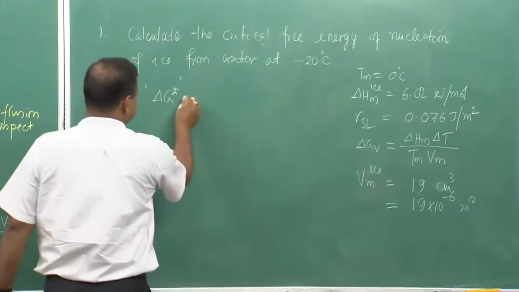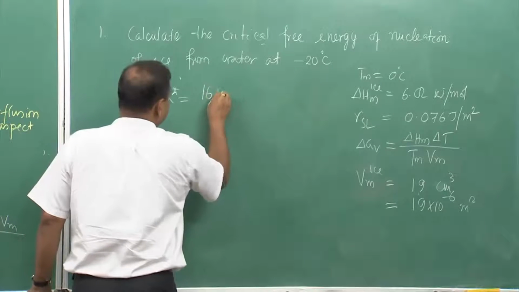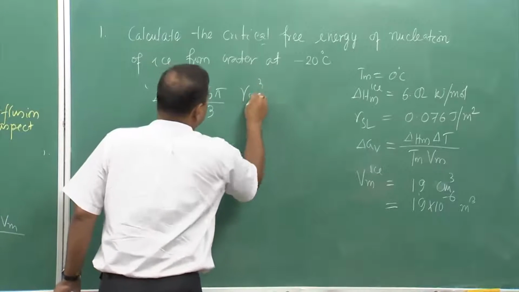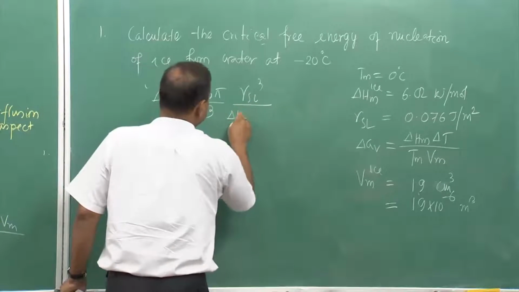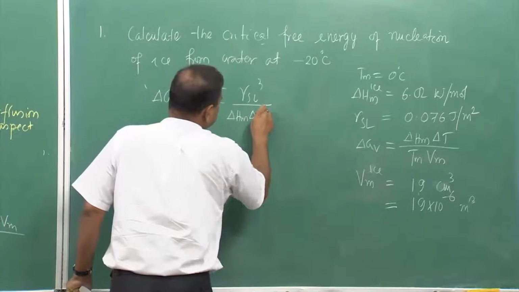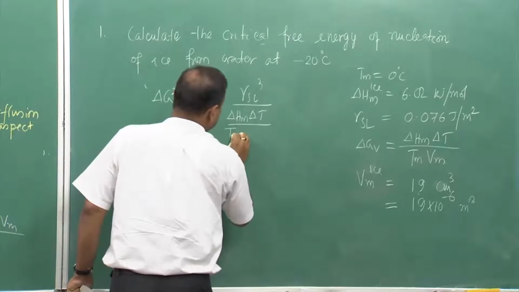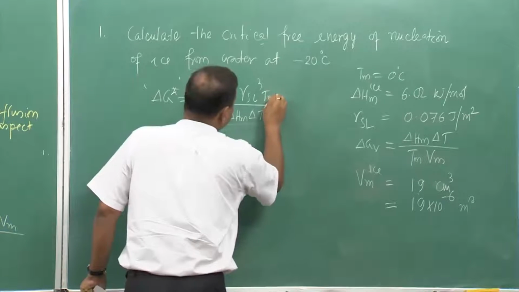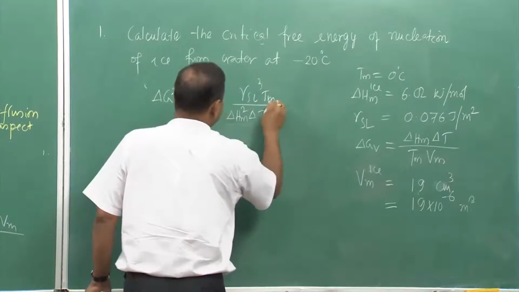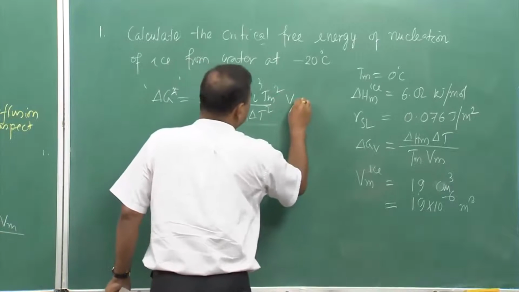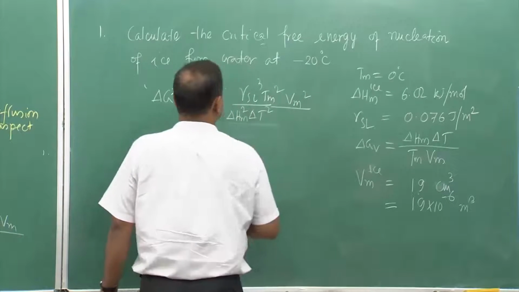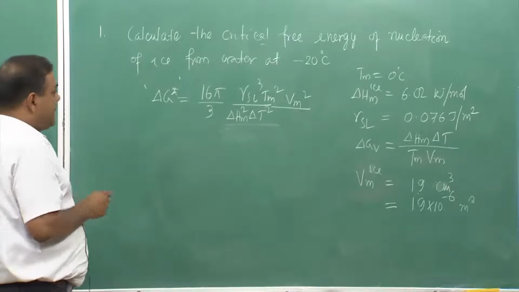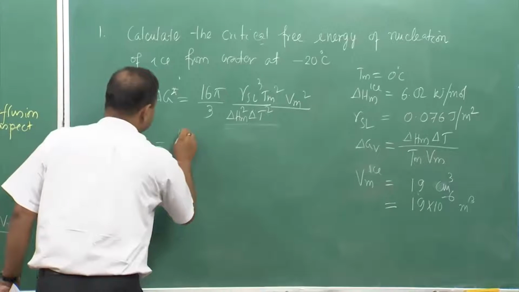Now, this one is 16 pi gamma SL cube Tm square divided by 3 delta Hm square delta T square Vm square. This would be the expression, and now I just put those values.